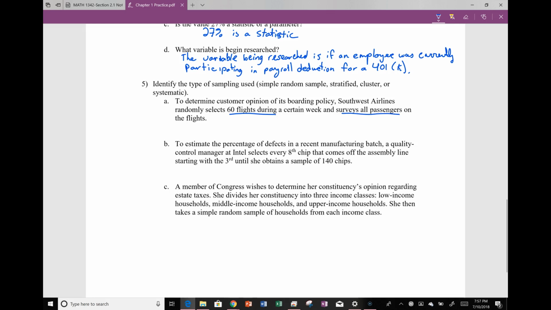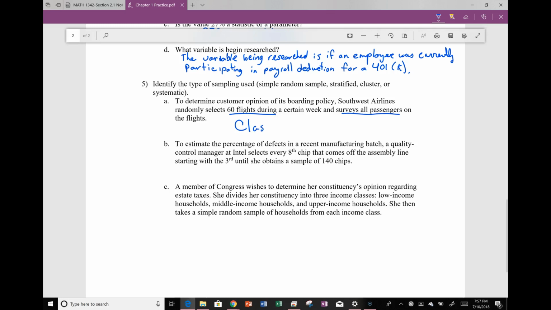Because they broke them into groups, selected a few, and then asked everyone on the flights, this is considered a cluster sample. Because remember, cluster is if we ask everyone in specific groups. Stratified is if we break them into groups and then ask some from each individual group. Well, Southwest Airlines didn't ask some from every flight. They asked all passengers on some flights. That makes it a cluster.